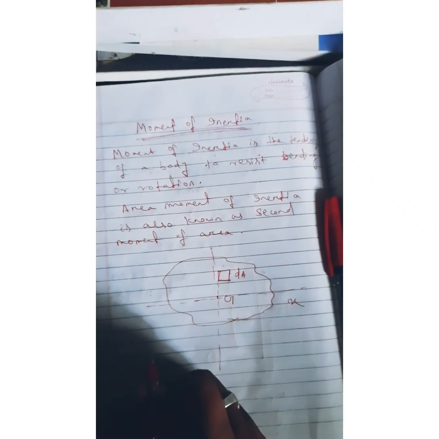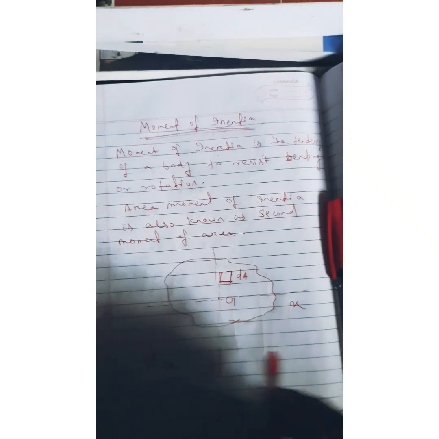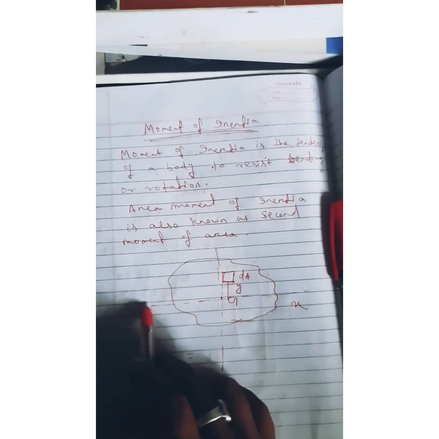We denote moment of inertia as capital I. Suppose this small area is at a distance y, small y, from this x-axis, which is passing through the center of gravity of this body. So what will be the area moment? That will be y into dA.